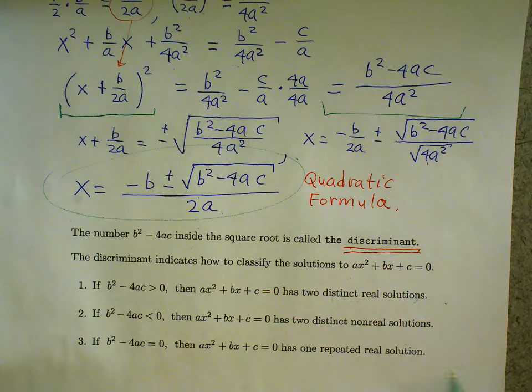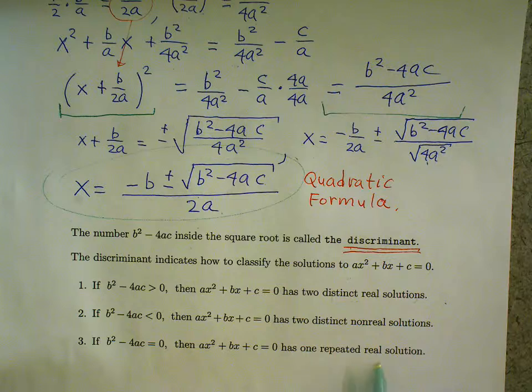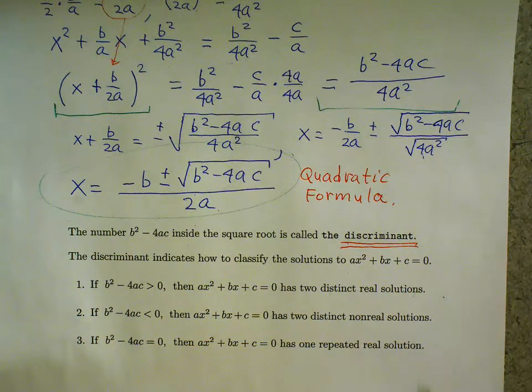So that indicates that when the discriminant is 0, the quadratic equation has one real solution, but we refer to it as a repeated solution. But there's only one solution.